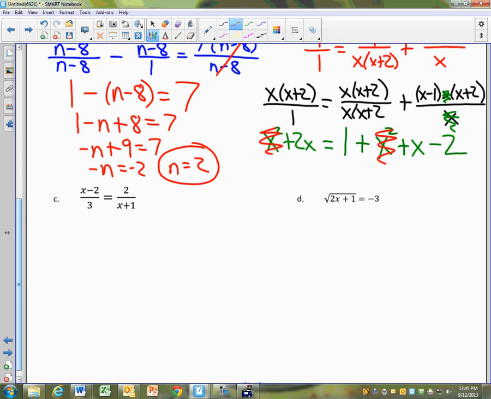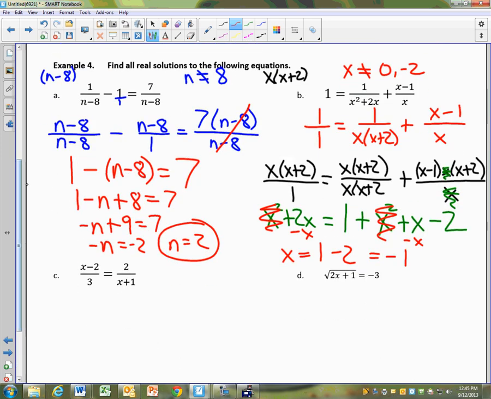If you subtract x squared, they will go away. Now I'm going to subtract my x. I get x equals 1 minus 2 then, or negative 1. Is negative 1 an acceptable possible solution? Yep. And if you were to plug it back in and check it, it does in fact work. That is the one solution you can get.